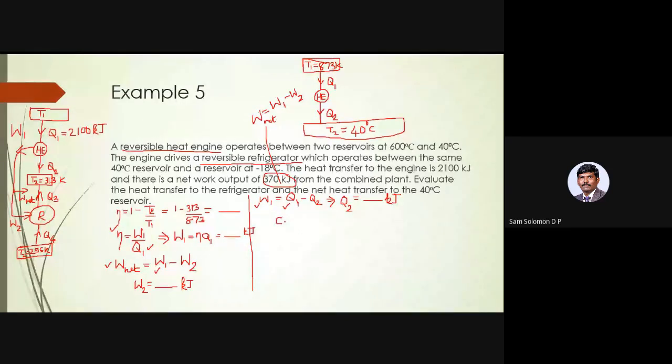So let us find out the COP of the refrigerator first. So COP of the refrigerator is equal to T2. Here, usually we write T2 divided by T1 minus T2. Now the temperatures are T2 and T3. So this is T3, the sink temperature, divided by T2 minus T3.